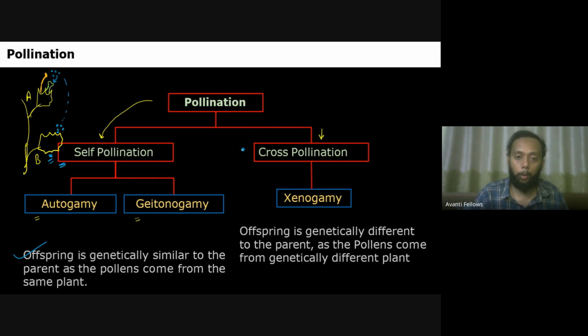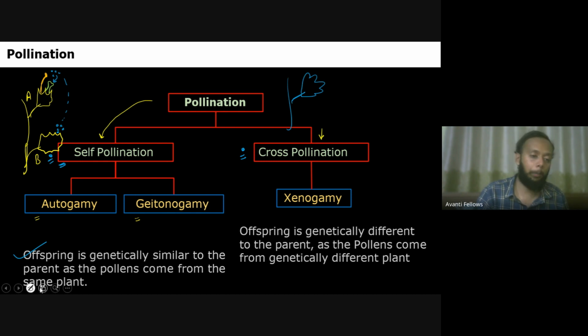Then you have cross-pollination. Here, from a flower, the pollen grains are going to come out and fall on another flower of another plant. So assume that you have one flower over here.